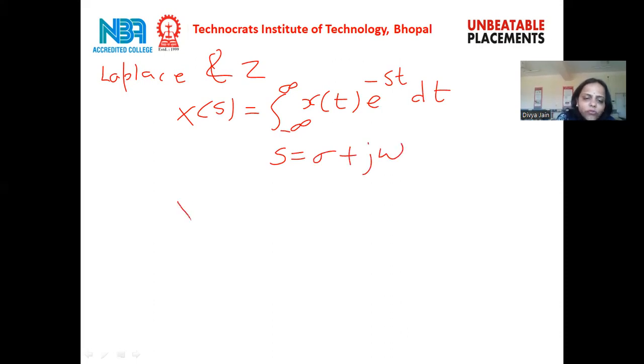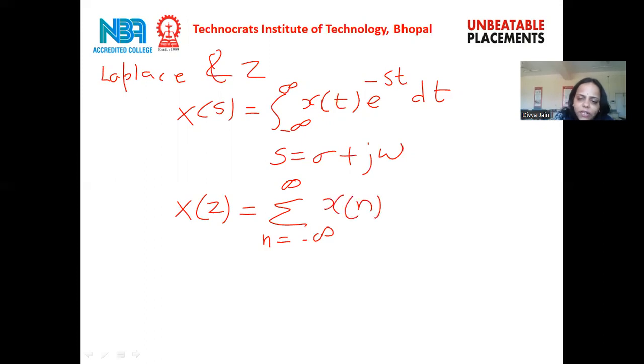And Z transform is represented as X(z) equals, for digital signal, the integration is converted to summation and t is replaced with n. So x(t) is written as x[n] e to the power minus (sigma plus j omega) n.